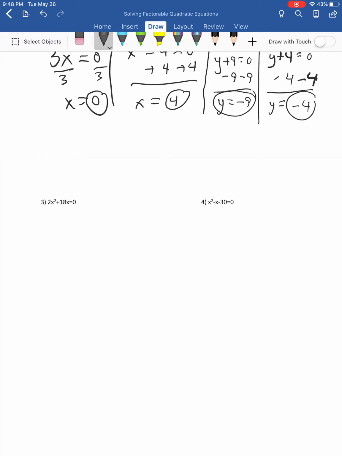Number 3. Okay, number 3 does have a GCF. 2 and 18 both have a 2 in common, so the GCF is 2, and they also have an x in common. The GCF is 2x. We'll open up one set of parentheses. 2x times what makes 2x squared?